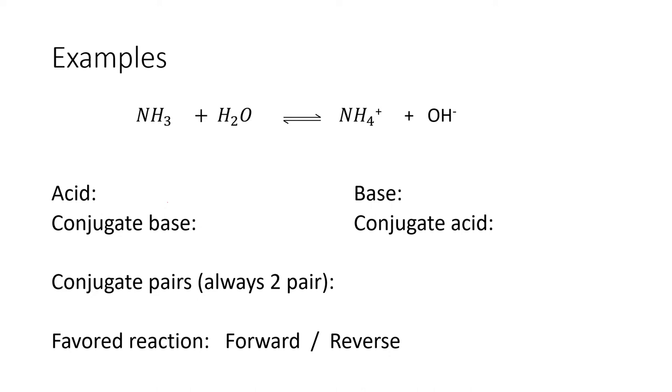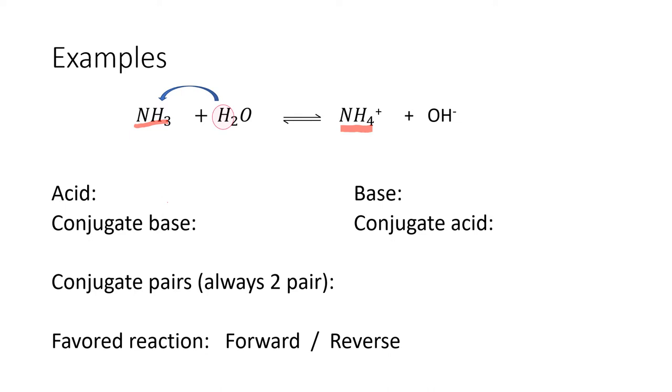So let's look at an example. In this case, I have ammonia reacting with water to produce ammonium and hydroxide. If we look carefully here, we'll notice if we compare the ammonia to the ammonium, that it has gained a proton, which means the proton came from the water, and it's only one proton, and it was given to that ammonium.